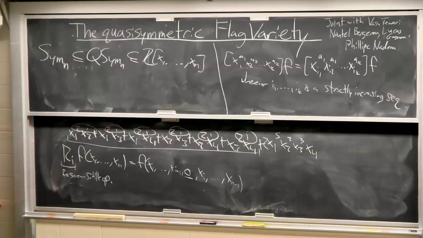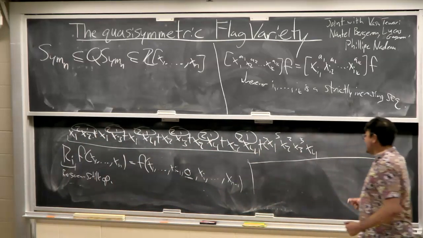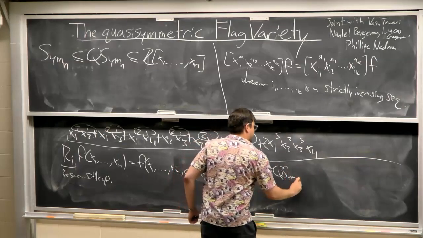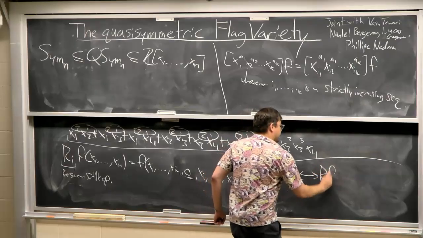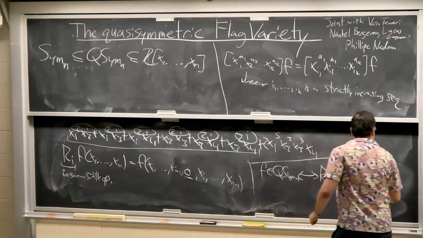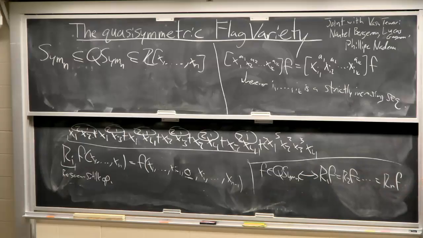In other words, stick 0 in, and then make sure your variables are drawn from the set 1 through n minus 1, rather than leaving a gap where you stuck the 0 in. Okay, so quasi-symmetry is equivalent to the condition that all of these stick-in-a-0-and-reindex maps give you exactly the same thing.